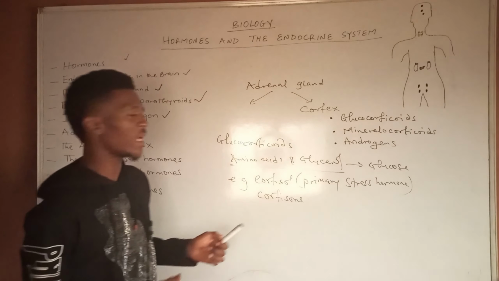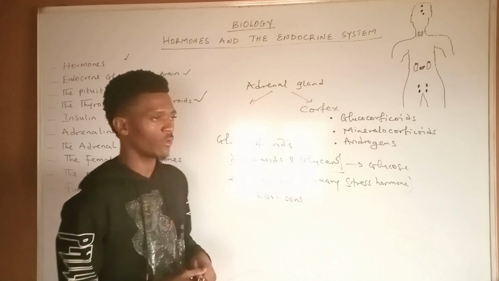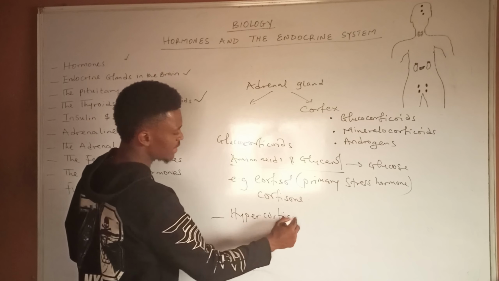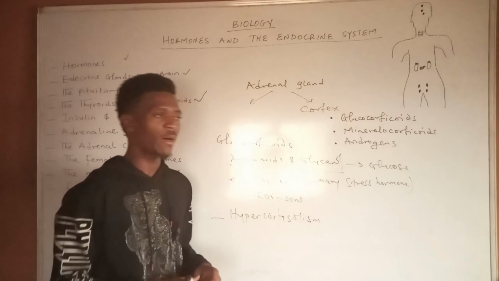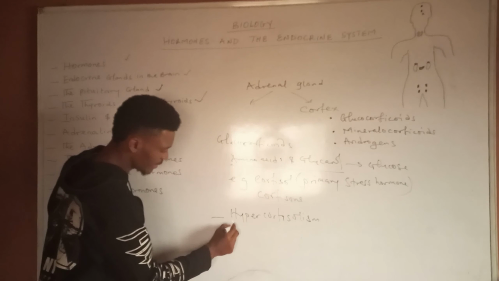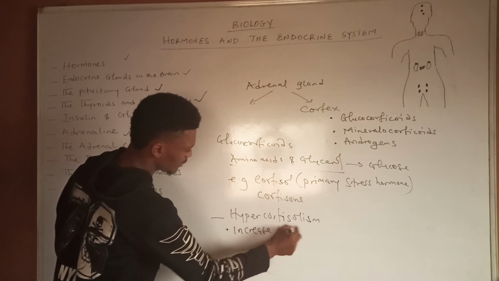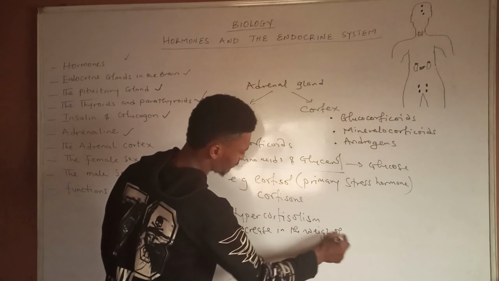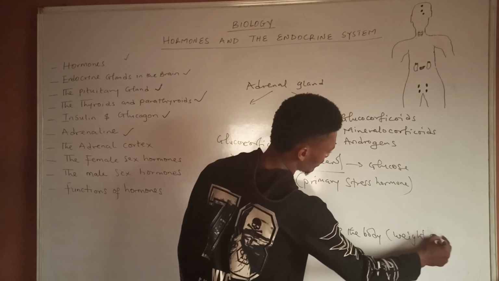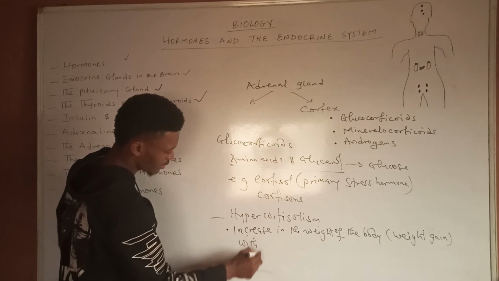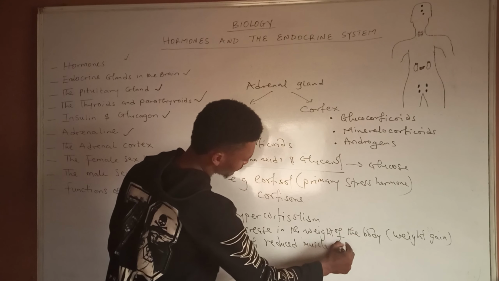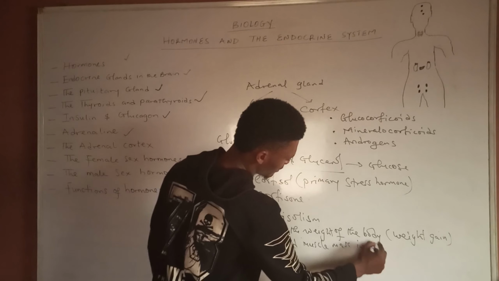Now, a situation whereby there is an excess secretion of cortisol leads to a condition called hypercortisolism. Some of the symptoms associated with hypercortisolism include an increase in the weight of the body, or you can simply put it as weight gain, with reduced muscle mass, that is in the limbs.